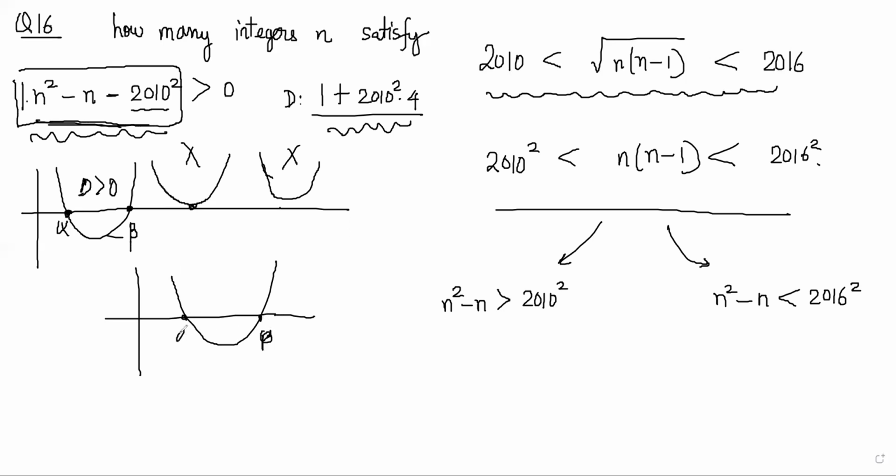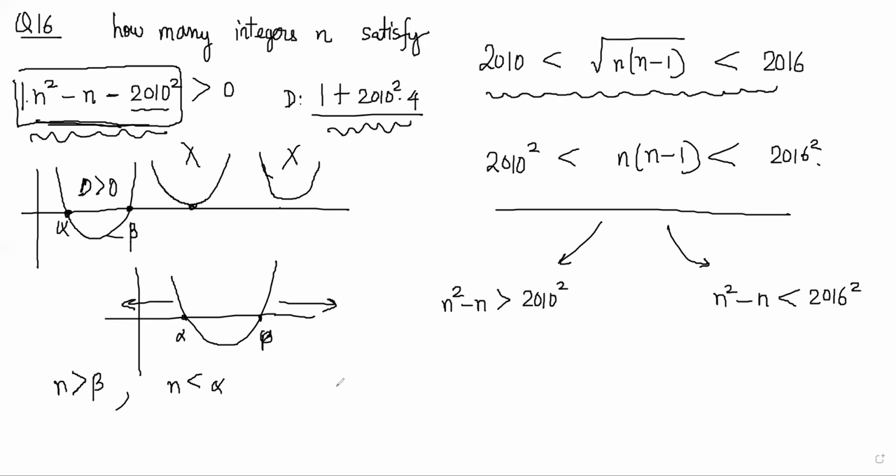It has to be this side or this side, then only it is positive, no? Greater than 0. So n must be either greater than the larger root or lesser than the smaller root, right?